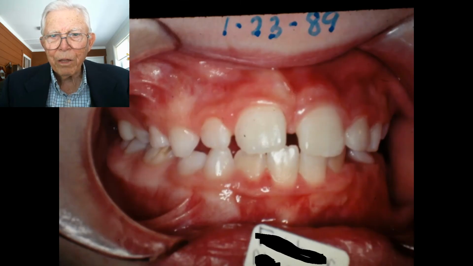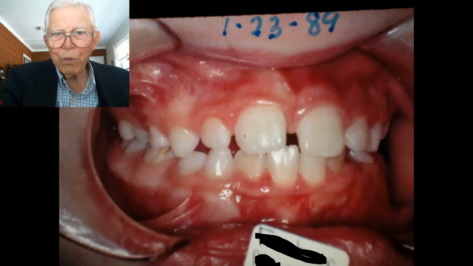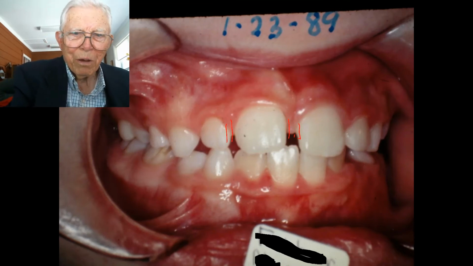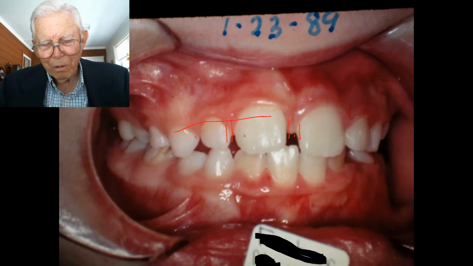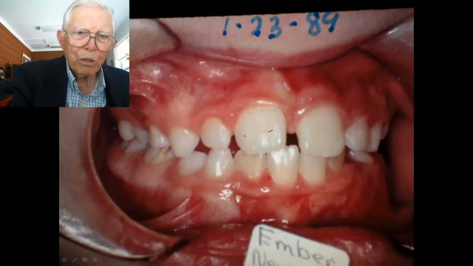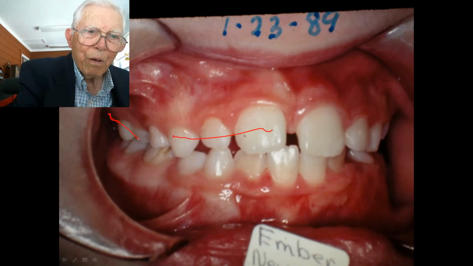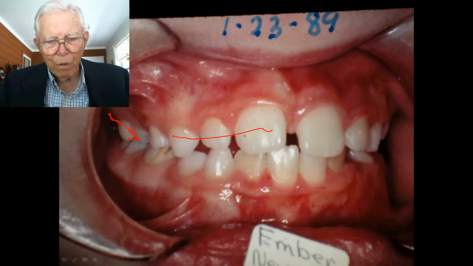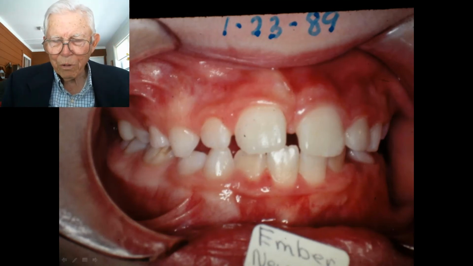Okay, now this is what brought the person in. In other words, they saw this big gap coming in the teeth, the gap here, and these were all off to one side. They looked really odd, and so they brought them in. And the thing that caused this was this erupting tooth coming forward back there.